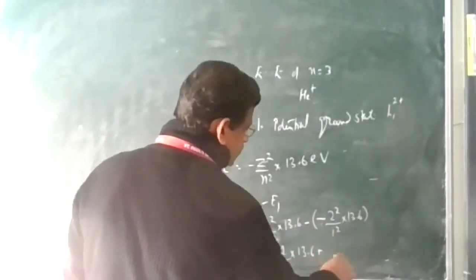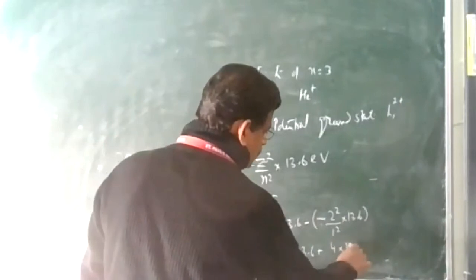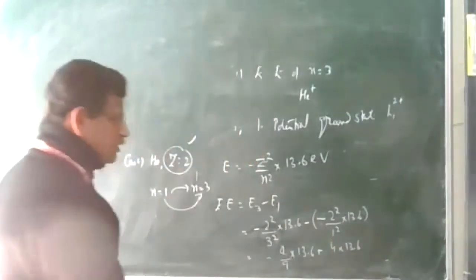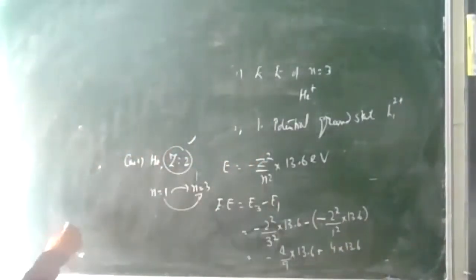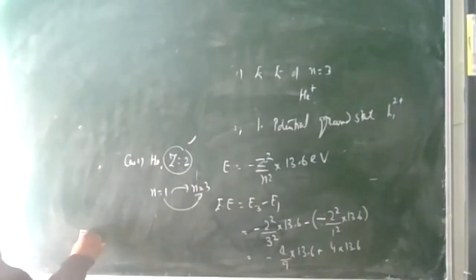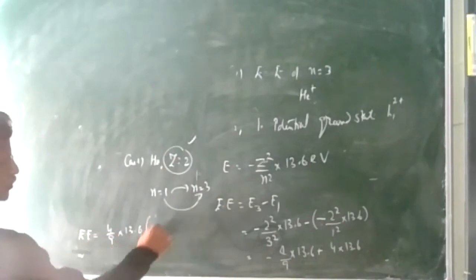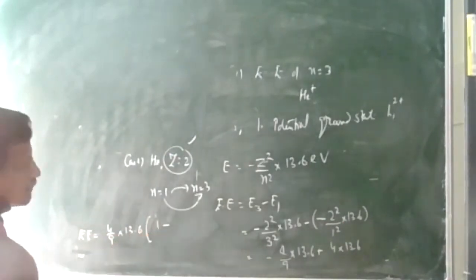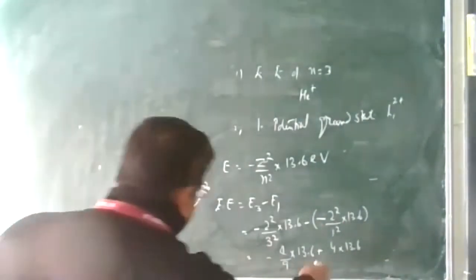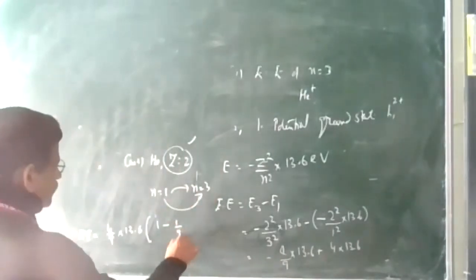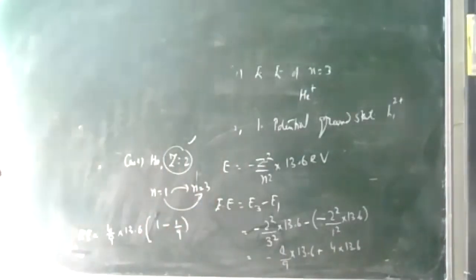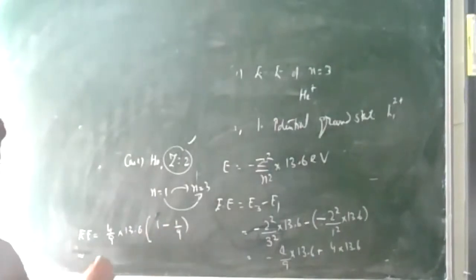This becomes plus, that is 4 into 13.6. 4 into 13.6 can be taken as common outside. So excitation energy is equal to 4 into 13.6 outside into 1 minus 1 upon 9, and 1 minus 1 upon 9 is 8 by 9.